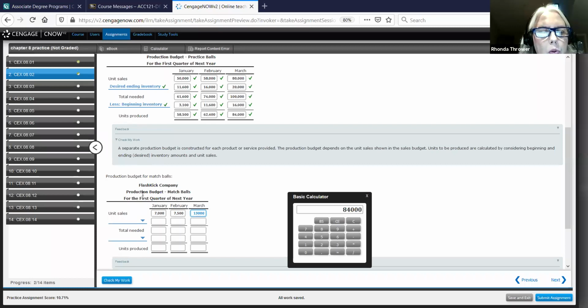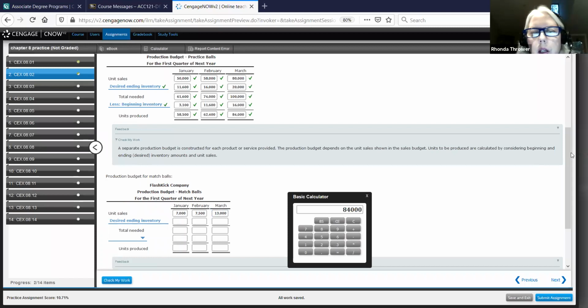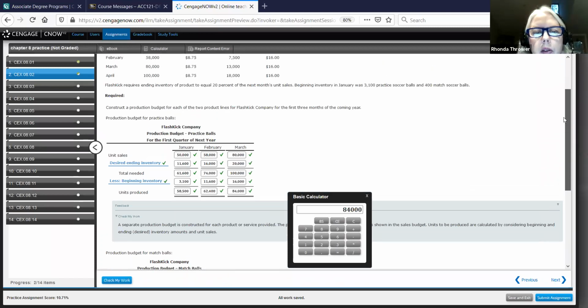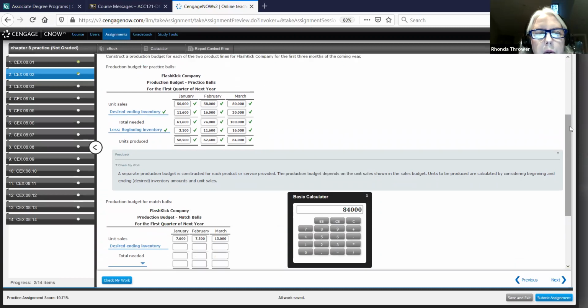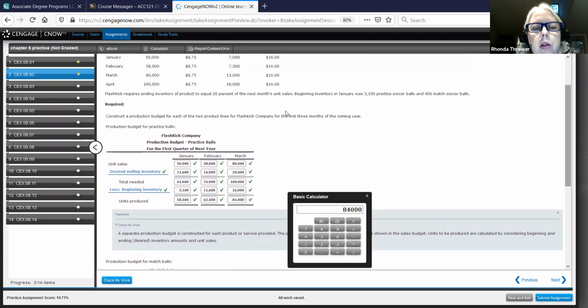And then, like we did before, we're going to add back in our desired ending inventory. And let me go back to the instructions again to see if anything's changed. Flash Kick requires ending inventory be 20% of the next month's unit sales.